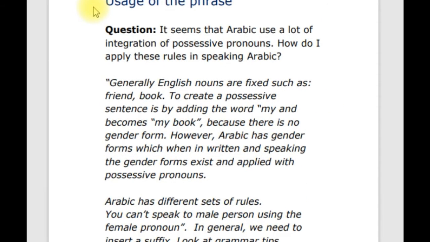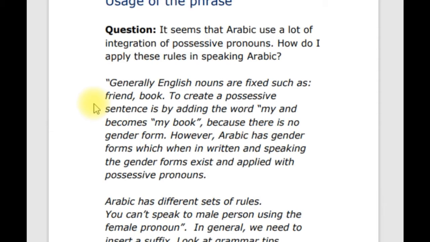Usage of the phrase. Question: it seems that Arabic uses a lot of integration of possessive pronouns. How do I apply these rules in speaking Arabic? Generally, English nouns are fixed, such as friend, book.